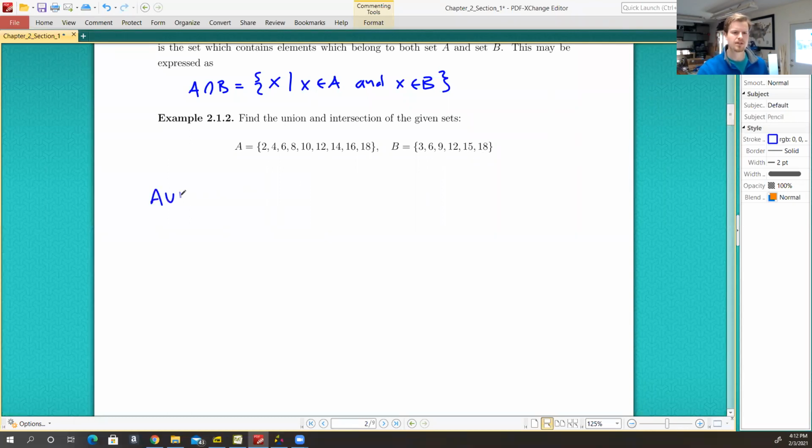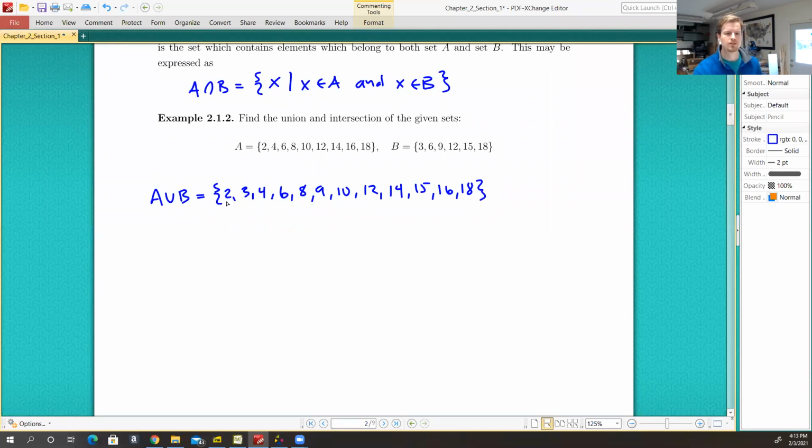So A union B would be any number that is a multiple of 2 or 3. So that would be 2, 3, 4, 6, 8, 9, 10, 12, 14, 15, 16, and 18.